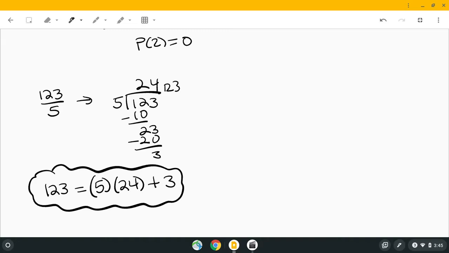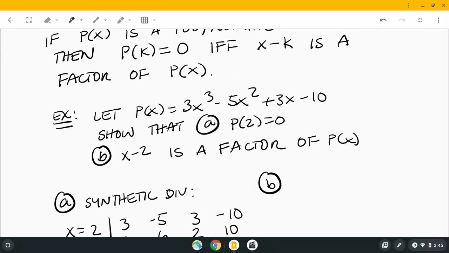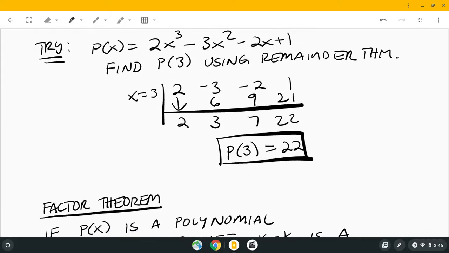This way of writing 123 is the way that we write our polynomial in part B. Let's go up and find an example that has a remainder.